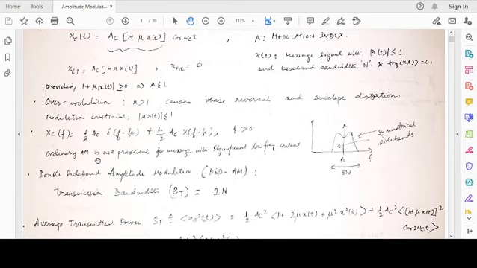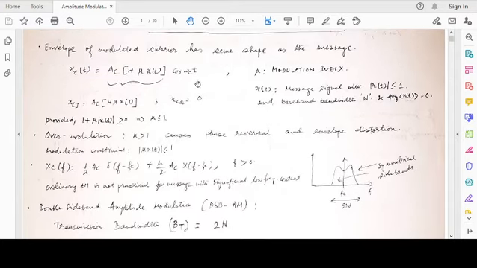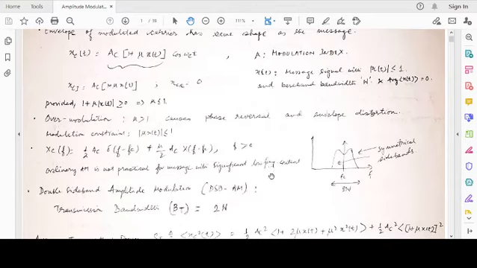So ordinary AM is not practical for messages with significant low frequency content. This is known as just basic or ordinary amplitude modulation. Why not practical? Because if there is significant low frequency content, then you won't get an ideal sinusoid, right? The carrier frequency is located at fc, but the tail will be a little bit sprayed, and it will corrupt your information present around that region.